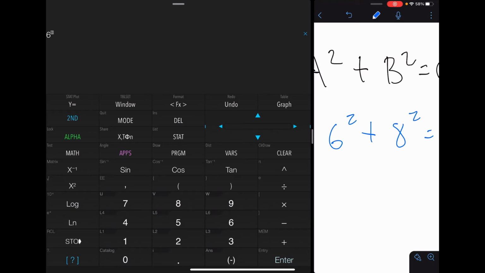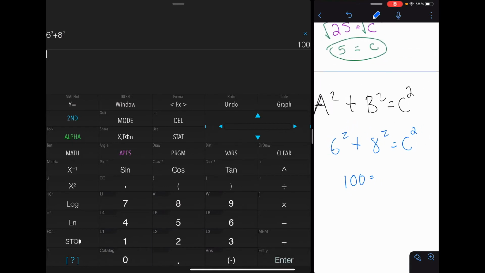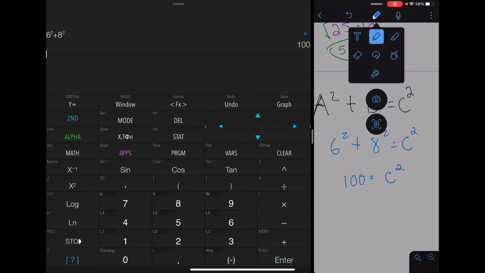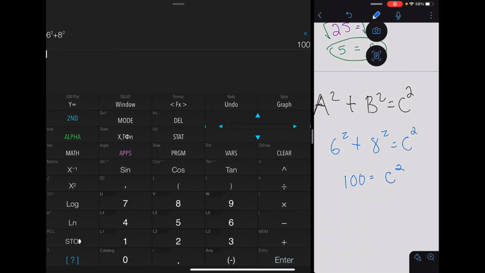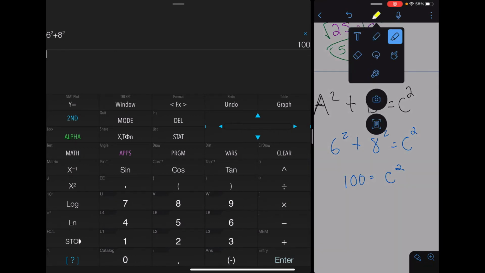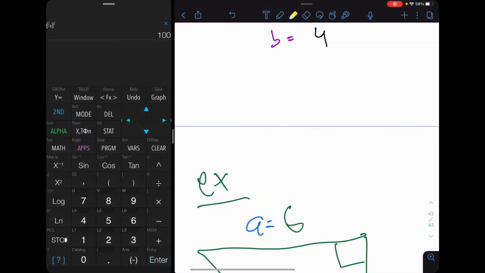6 to the power of 2 plus 8 to the power of 2 equals 100. And then I just have to square root. Nada más tengo que hacer el square root. So let me do that.